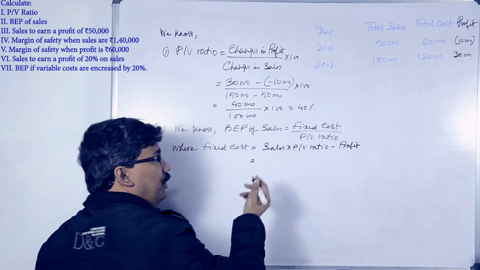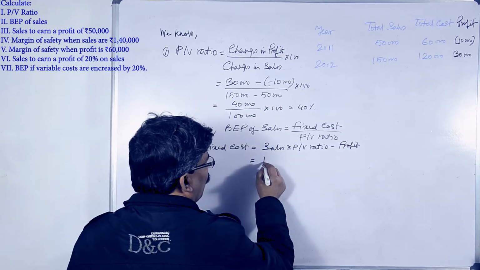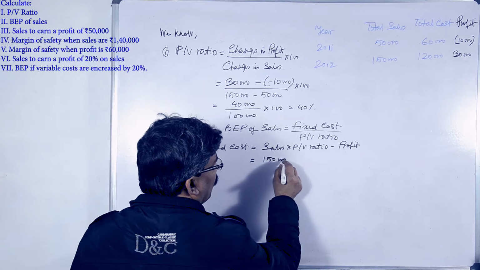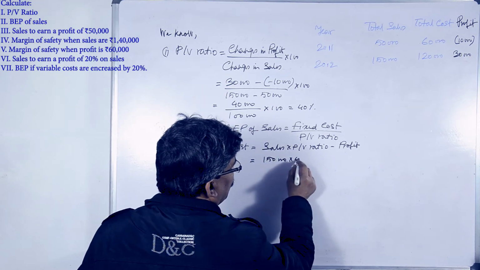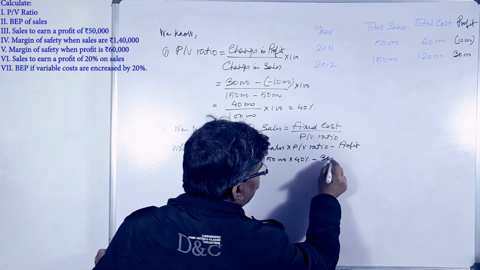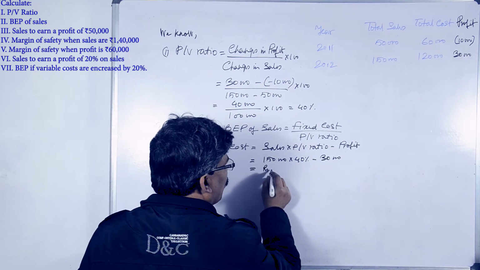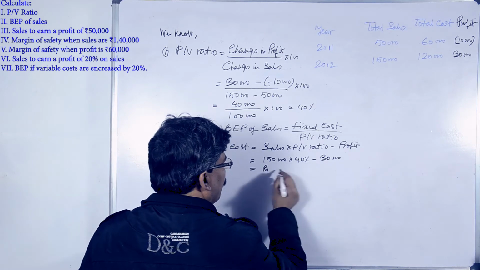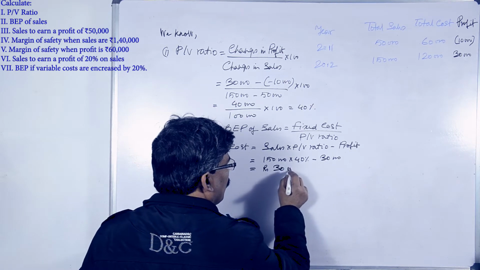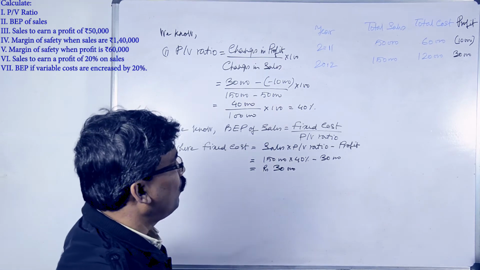We can take any year. I am taking the year 2012. Sales 1,50,000 into PV ratio 40% minus profit 30,000. Then fixed cost is coming 60 minus 30, it is 30,000. Even if we calculate with the first year 2011, we'll get the same fixed cost.